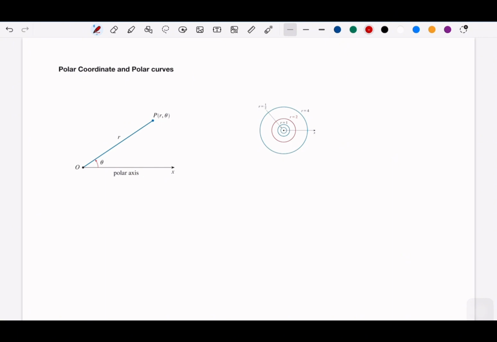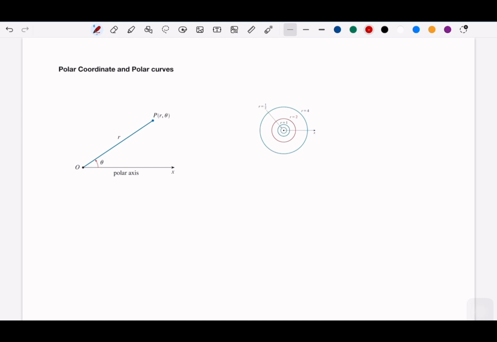Basically, the difference in polar is that we are no longer in xy coordinates. We move away from xy to the r and theta system, which we call polar.